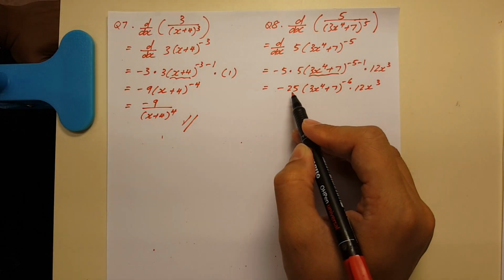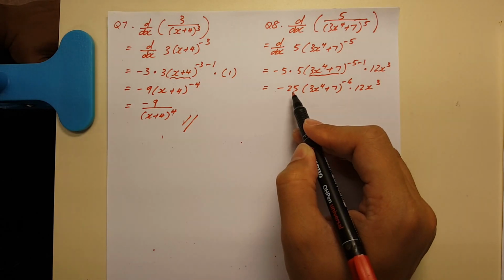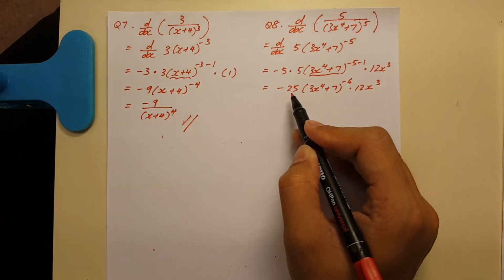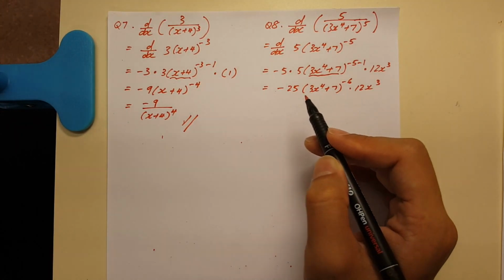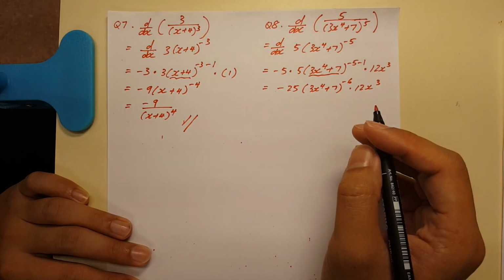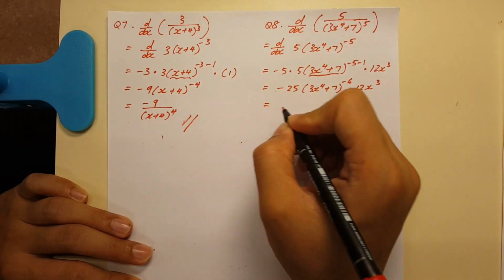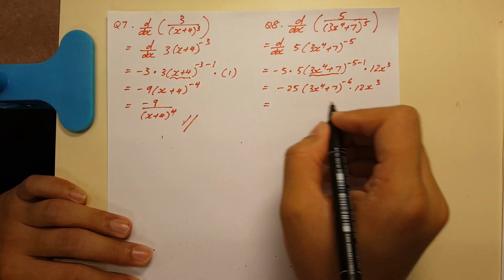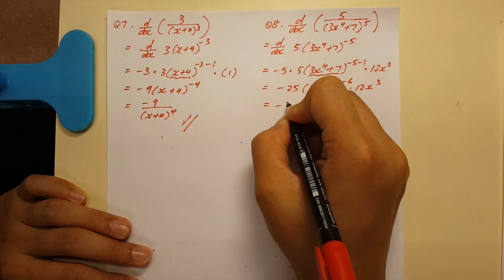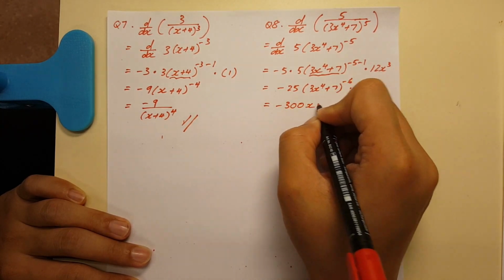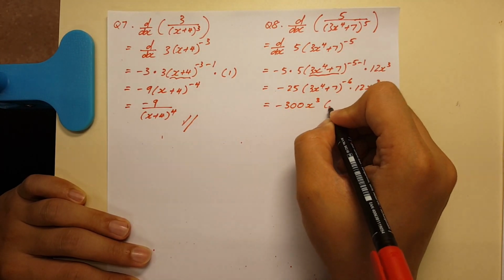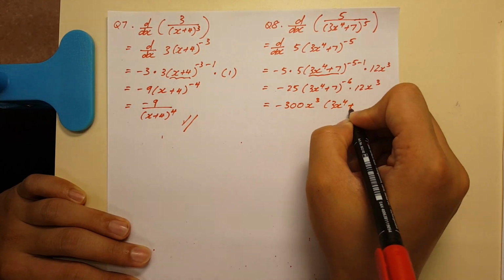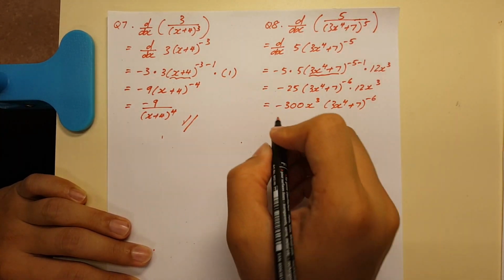If it's 25 times 10, it's 250. 3 times 12, you're going to get 300. I hope I'm correct. I don't have a calculator with me right now, but it should be minus 300x cubed (3x to the power of 4 plus 7) to the power of minus 6.